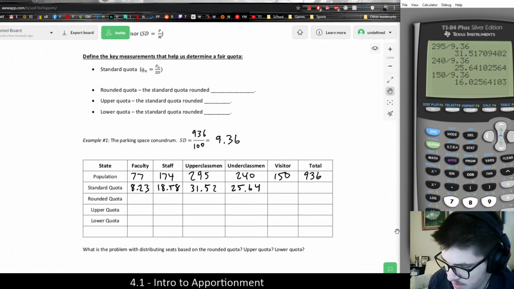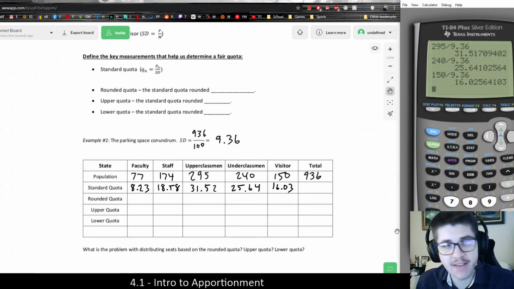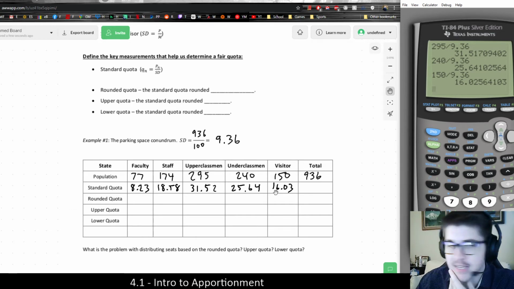What these numbers are telling us is the proper division of the seats to the states. In this case, each state should get that many seats, or in terms of the problem, each of those groups should have that many parking spaces. And of course, the issue is we can't give this many parking spaces to those groups.